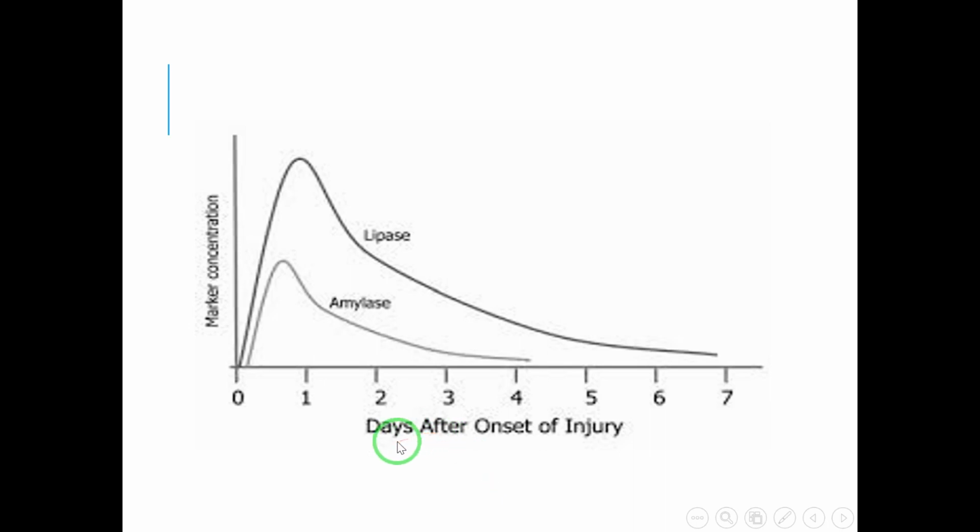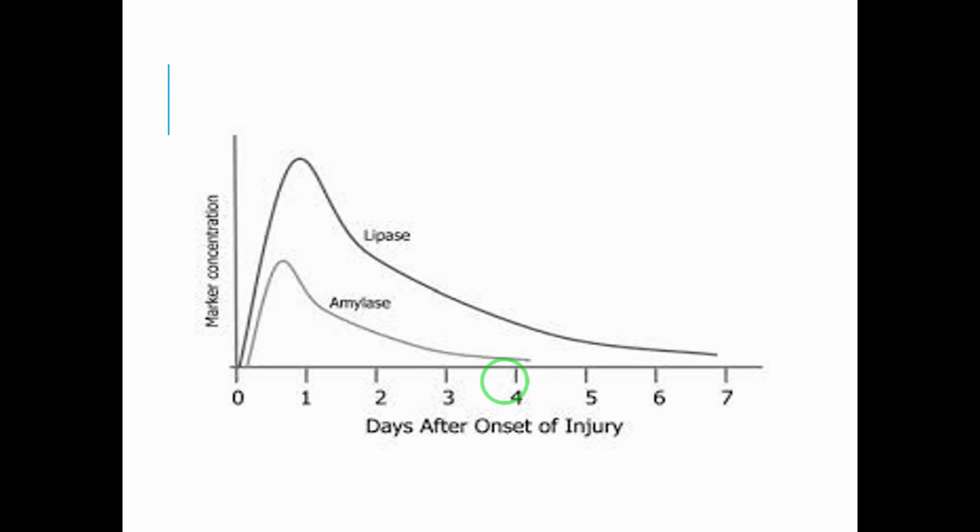If we compare the time of elevation and the duration of elevation of both amylase and lipase, we will find that the duration of increase of amylase is less than that of lipase, and if we combine both of them, it will give better diagnostic specificity, and we also depend on the time of presentation of the patient.